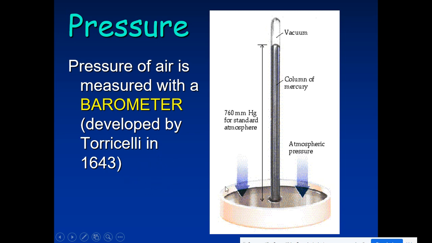He had an open dish of mercury, and the air pressure in the room would press on the surface of the mercury, which remember is a liquid, and force it up into this closed glass tube, which had a vacuum at the top. And obviously, the higher the height of the mercury in the tube, the greater the air pressure in the room. So he could measure the air pressure in a room with this.